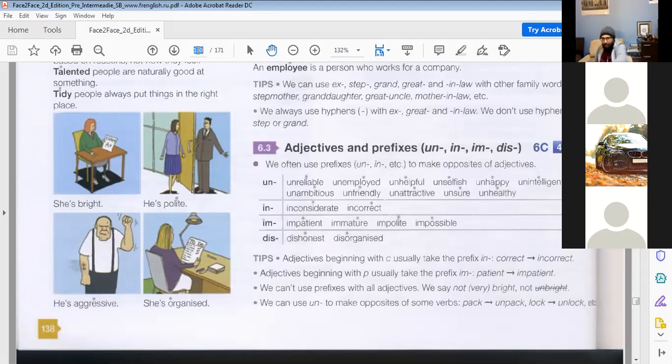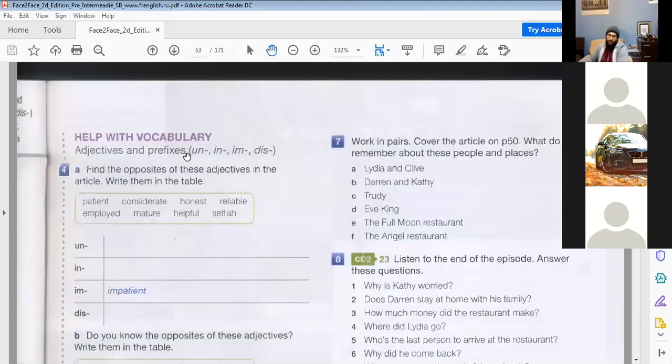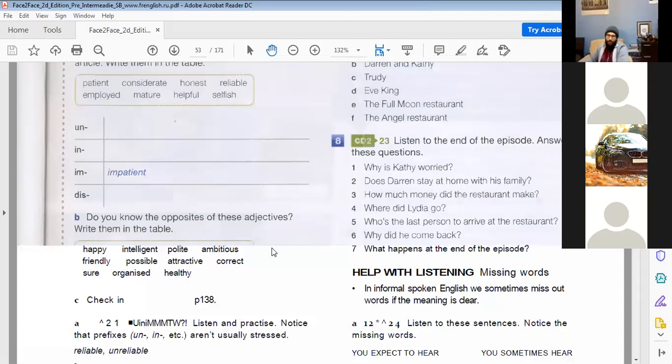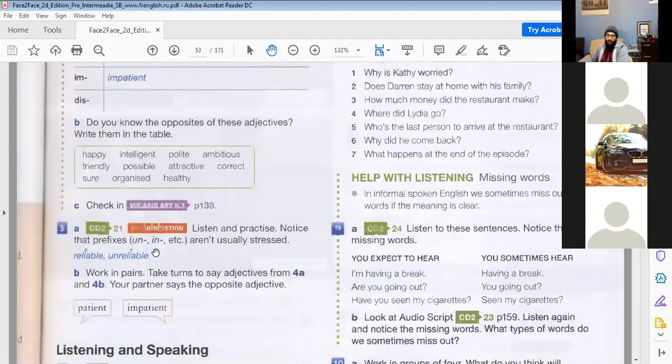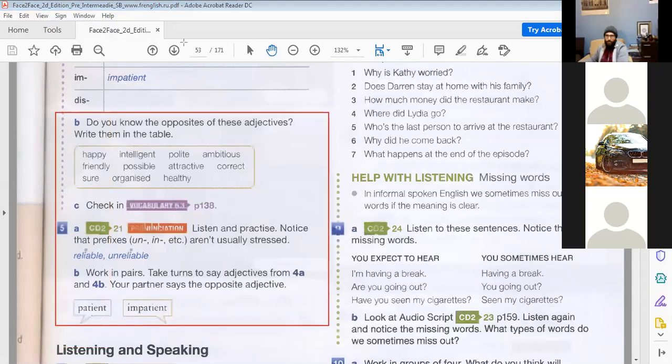Now let me take you back, and let me just quickly play the track here. I want you to notice how we say these words, especially when we add a prefix. So we just want to listen to them. I need you to pay attention to them. So I'm just going to play them from the track. So let's go to the CD2 21. Where is it?